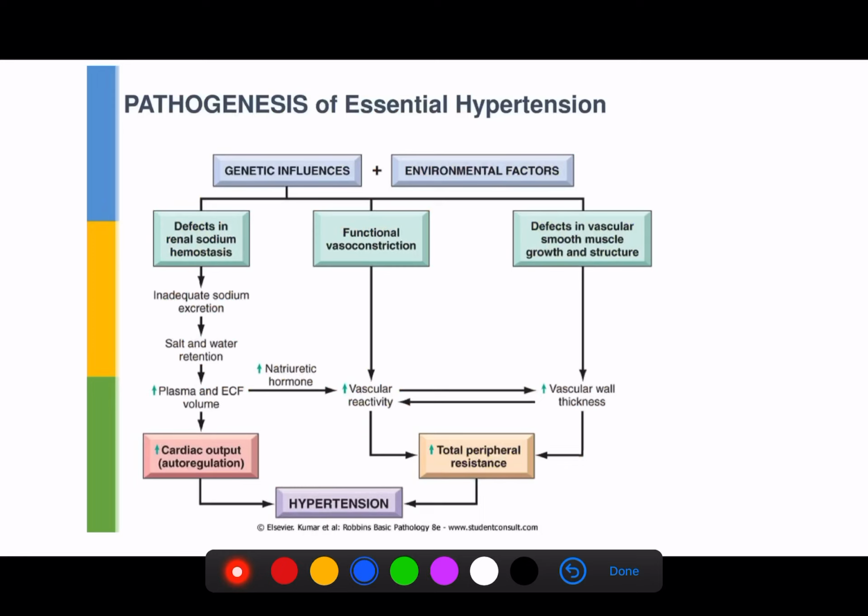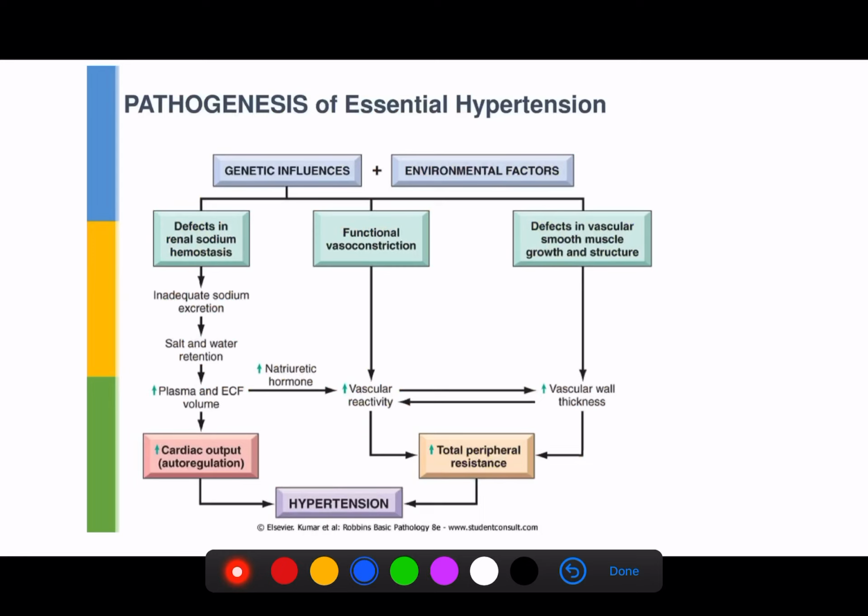The defect of vascular smooth muscle growth and structure leads to increased vascular thickness, hardening, atherosclerosis, which leads to increased vascular resistance, peripheral resistance, leading to increased hypertension.